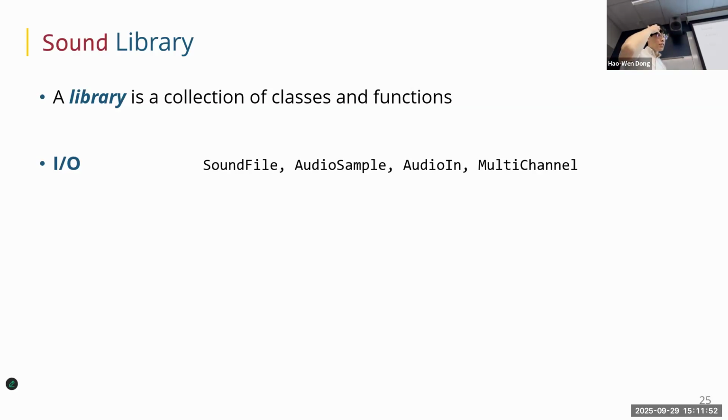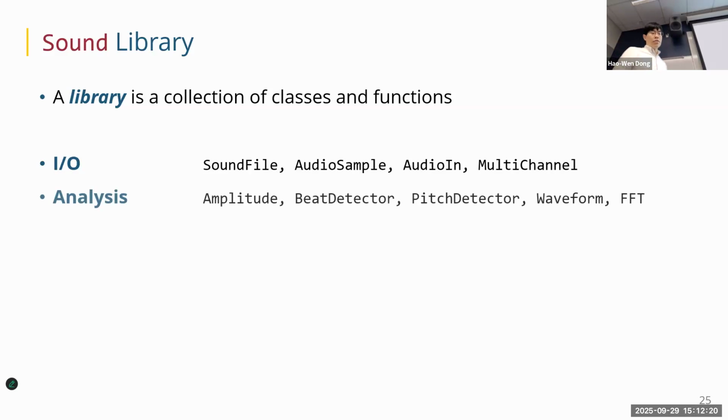Either that's internal sounds, some file you read from an audio file, or you can directly just use the microphone, like you will be doing in homework 4. So in this case, IO: sound file, audio sample, audio in. Sound file is for when you are reading an audio file like MP3 or waveform, and audio in is the microphone input.